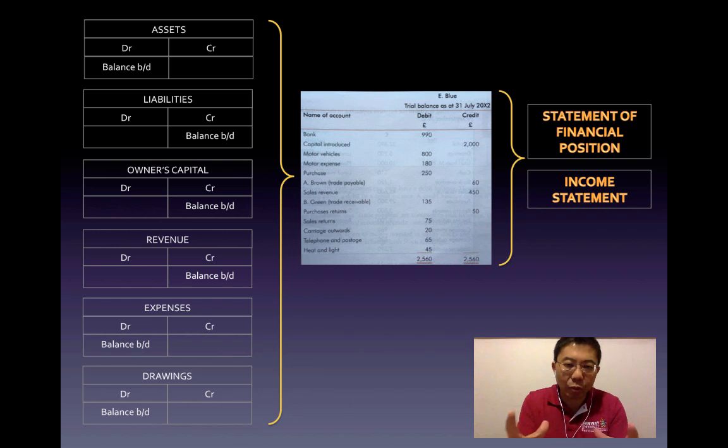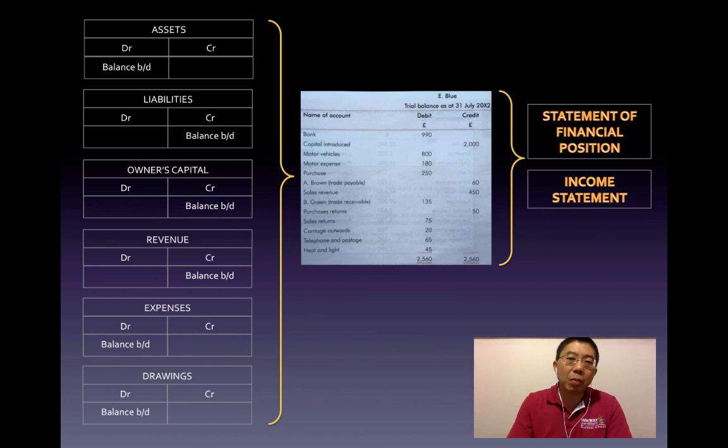If the debits equal credits, we are happy. All right. So we think that our transactions have been properly done, and from this trial balance, we can extract the balances for the preparation of the various reports.